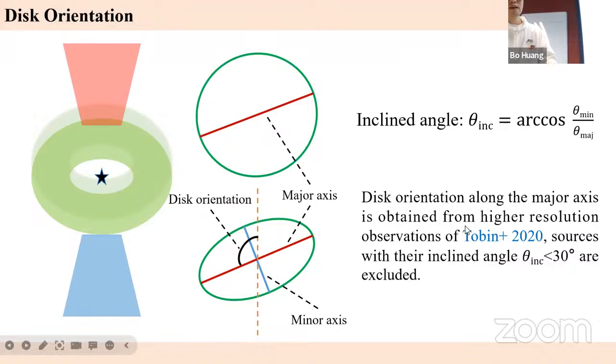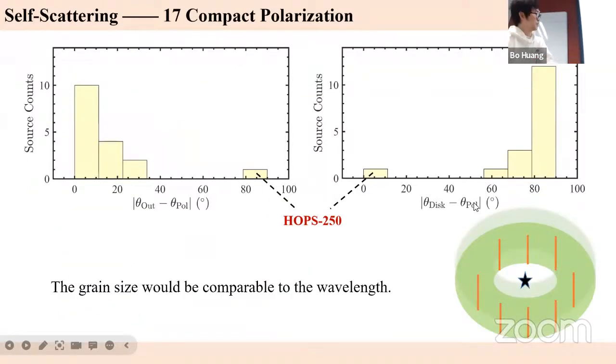Sources with inclination angle less than 30 degrees are excluded, because in these cases they are almost face-on, and the disk orientation along the major axis will have a large uncertainty. So let's see the result.